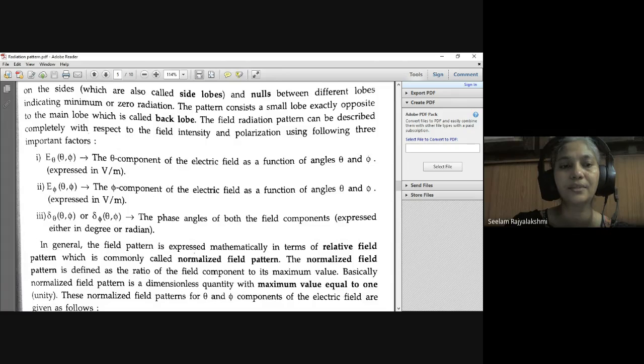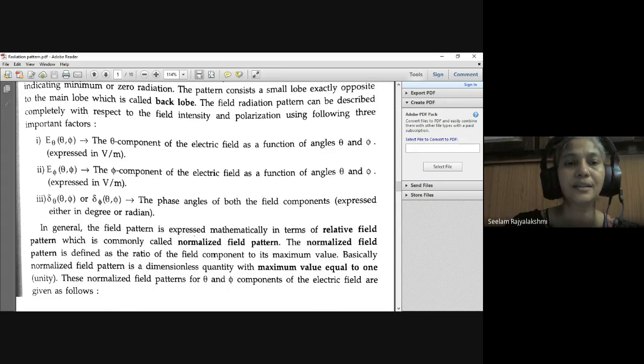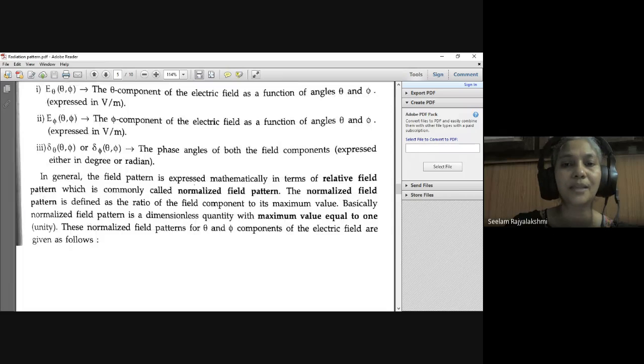E theta of theta comma phi is the theta component of the electric field as a function of angles theta and phi, expressed in volts per meter, and E phi is the phi component as a function of theta and phi, also expressed in volts per meter. And these are the phase angles as a function of theta comma phi, of the field components, expressed either in degrees or radians.